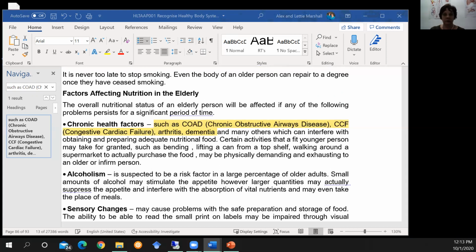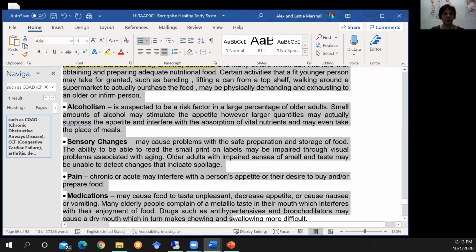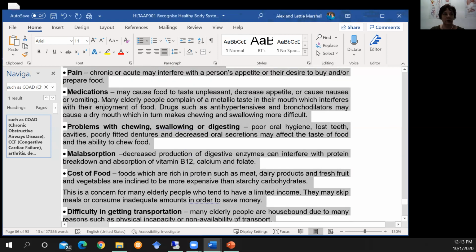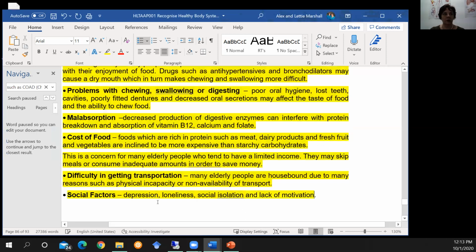So the factors are nutrition in the elderly, other chronic factors, alcoholism, sensory changes, cost of food, and social factors, which is a huge one: loneliness and isolation. And then they wonder why the elderly are dying of coronavirus. It's the isolation that is killing them.